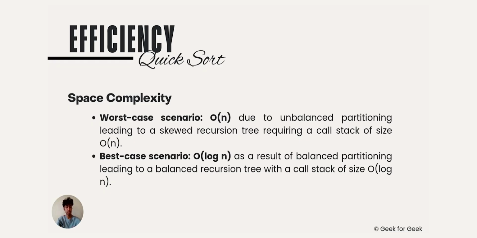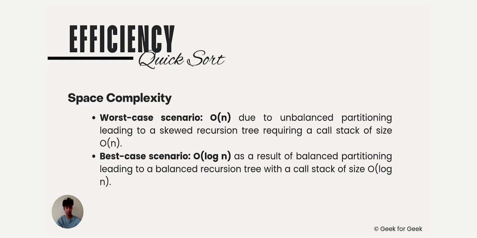Quicksort is a recursive algorithm, so each recursive call adds a new stack frame which stores things like the start and end indices of the current subarray, the pivot value, and the local variables.